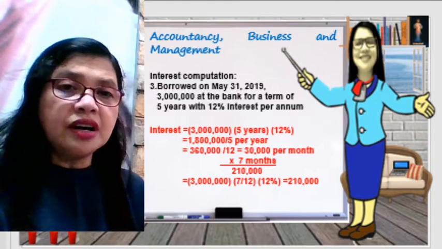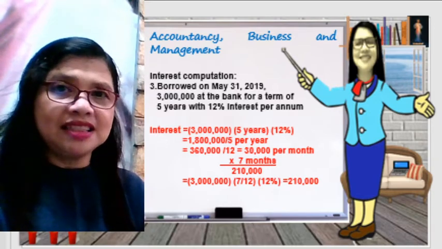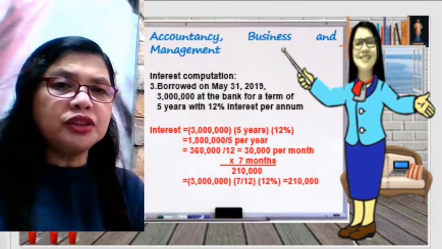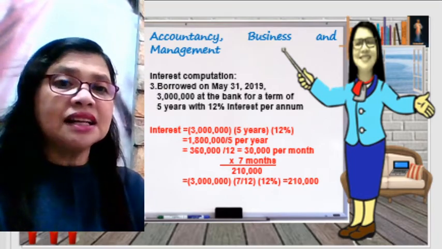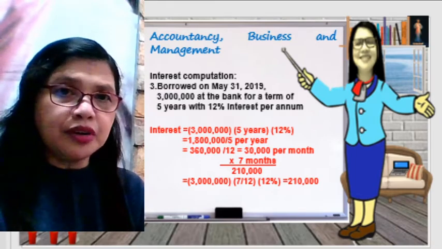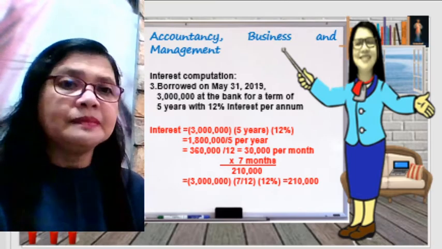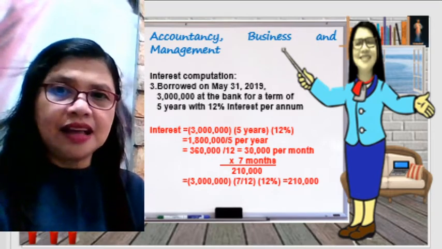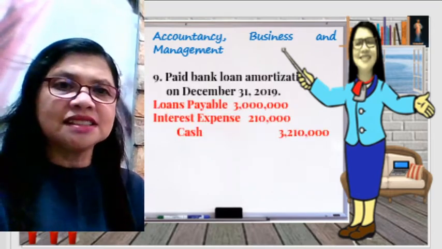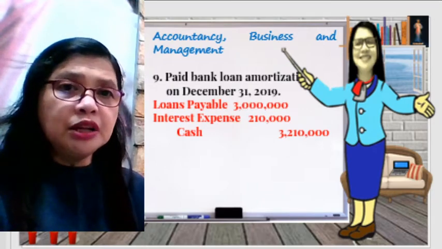So it will incur interest of 210,000. Or you may compute it directly this way: 3 million times the 7 months over the number of months in a year, 12, times the 12%. So we get 210,000.